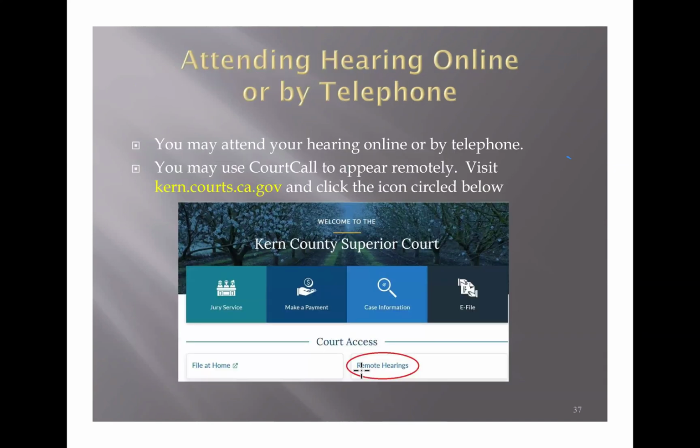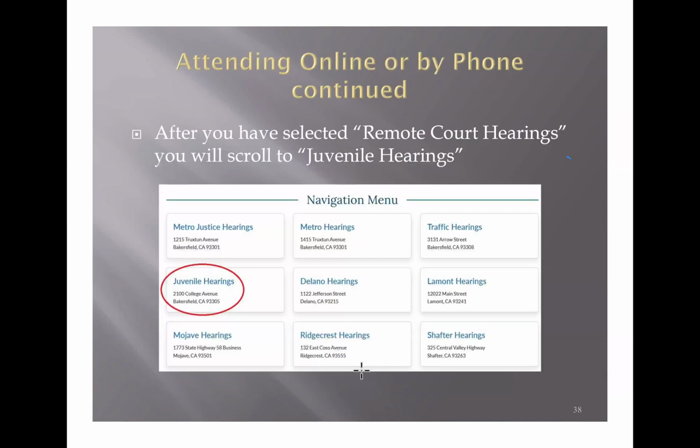Okay, if you don't want to attend in person, you don't have to. You can attend online or by telephone. So now the court uses this CourtCall conference procedure. So go to the court website, and then we showed you what to click on so you can find out the information for the remote hearings.